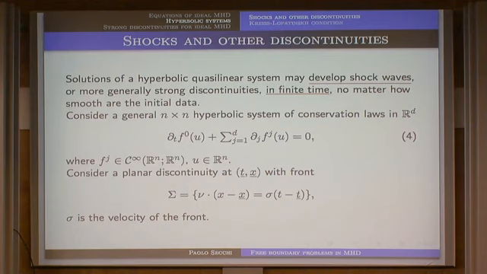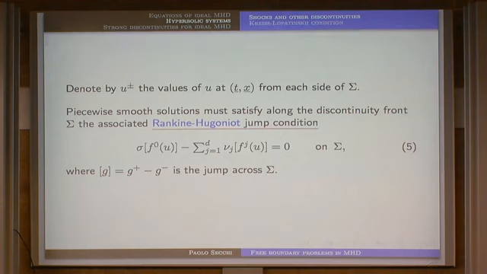This sigma, we can see from dimensional analysis, is a velocity, the velocity of the front. So we have this parameter, the velocity, and this nu, which is a constant normal vector. This plane divides the space into two parts, and we denote by u plus and u minus the values of u at the fixed point from each side of sigma.